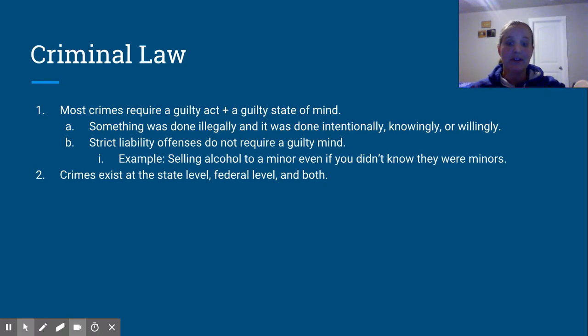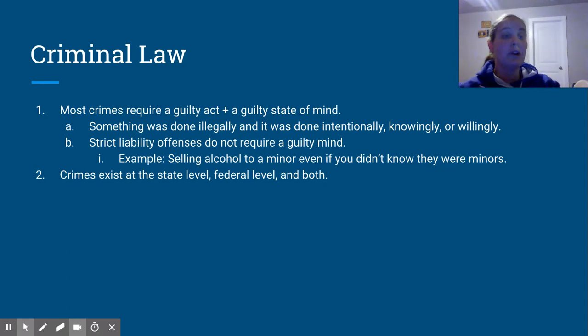An example, which is something you've probably seen in the news recently, of one that may be considered federally illegal and not state illegal, and this is something that's kind of new. It's something I hadn't seen a lot when I was growing up, but the use of marijuana. So in the state of Oregon, for instance, it's legal to use marijuana and to sell marijuana, but federally, it's illegal.